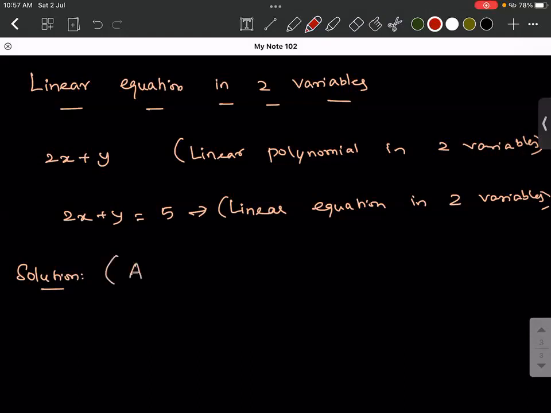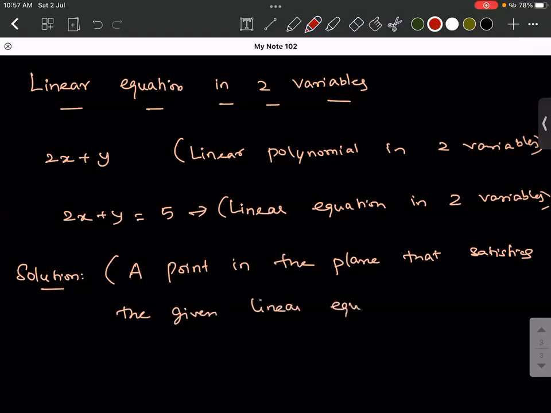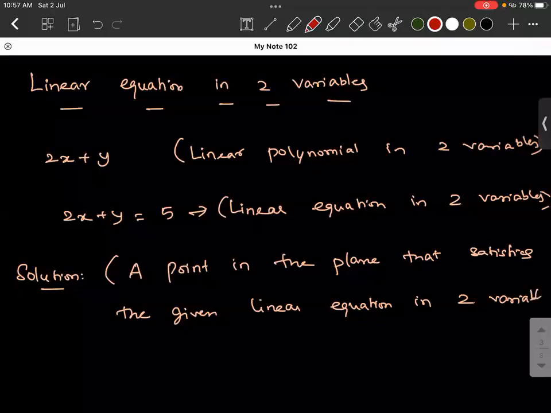Solution is a point in the plane that satisfies the given linear equation in two variables. Is it right? So that's what we call a solution of a linear equation.